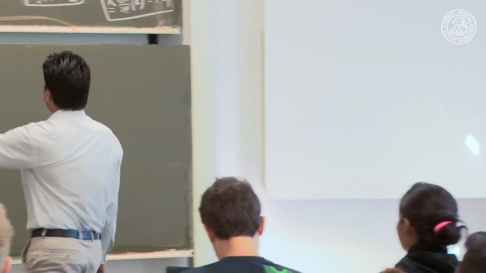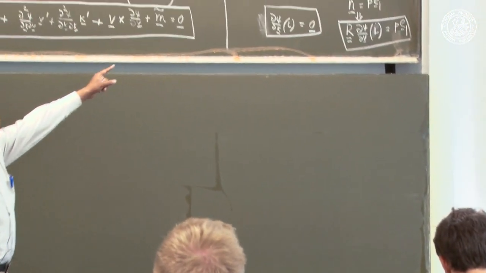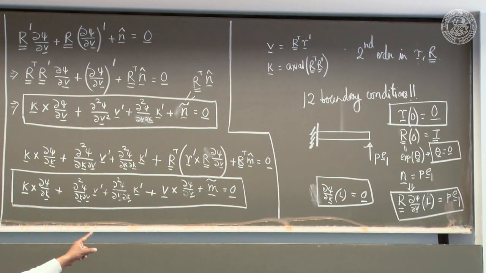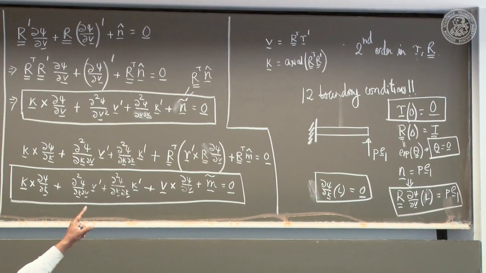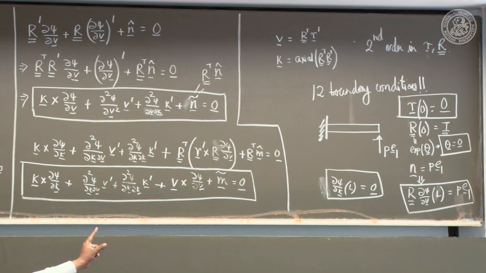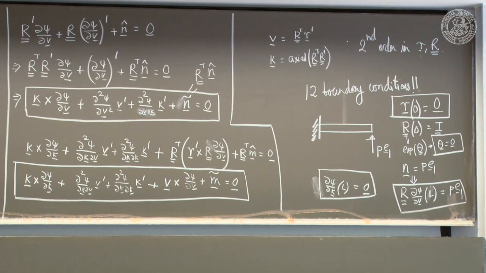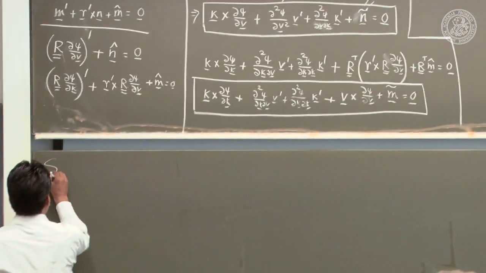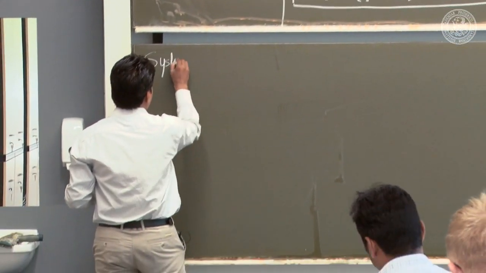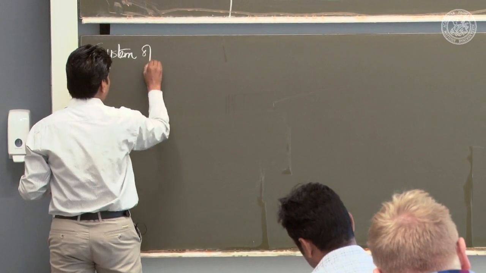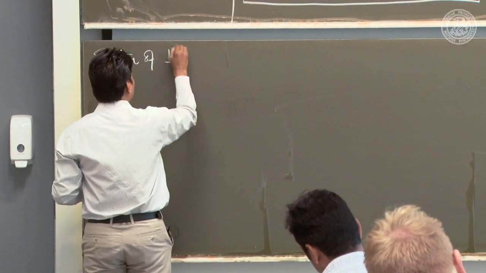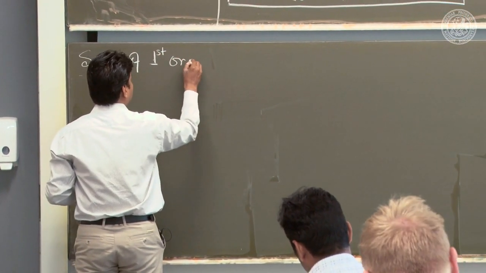Okay, so that was one perspective, thinking of it as a system of second order equations. The other perspective is we want to think of it as a system of first order equations, so that we can use commercial solvers.